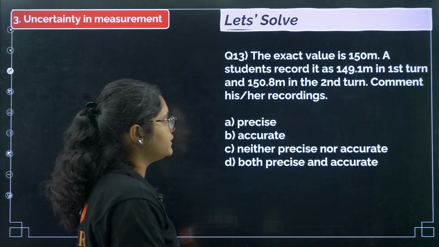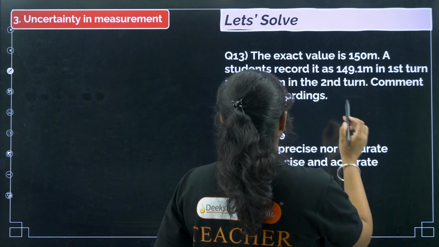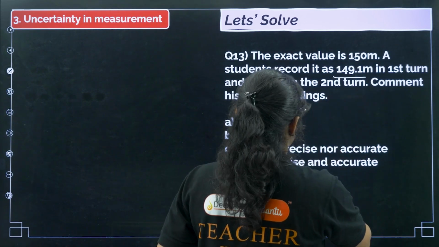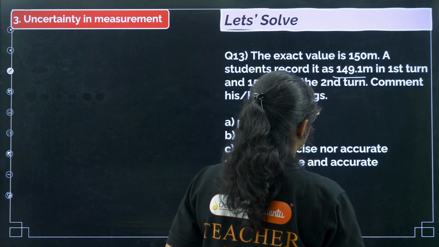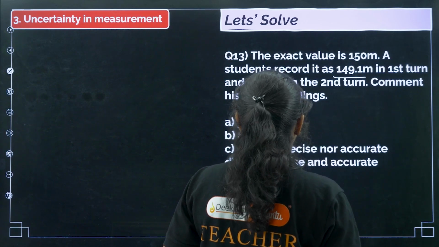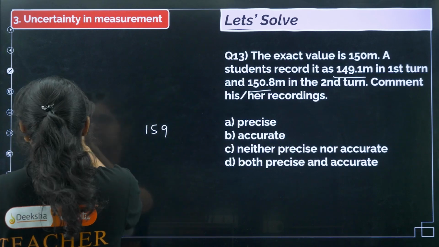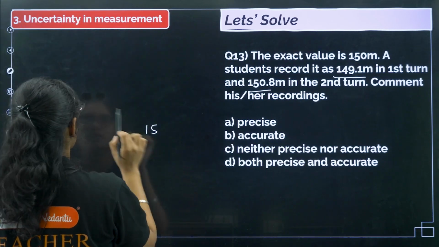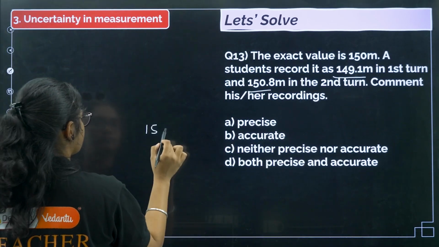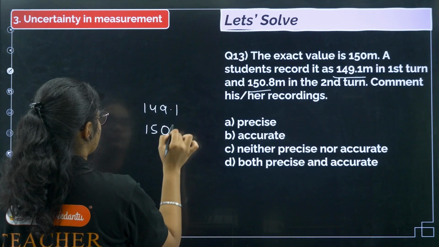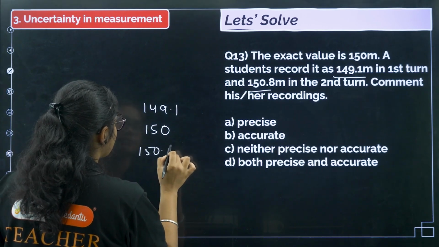Next, the exact value is 150 meters. A student recorded 149.1 in the first turn and 150.8 in the second turn. Comment on his or her recordings. So we have 150, and we have 149.1 and 150.8.